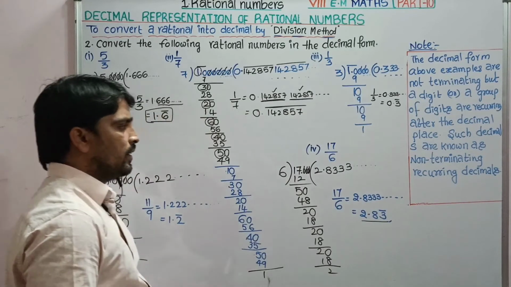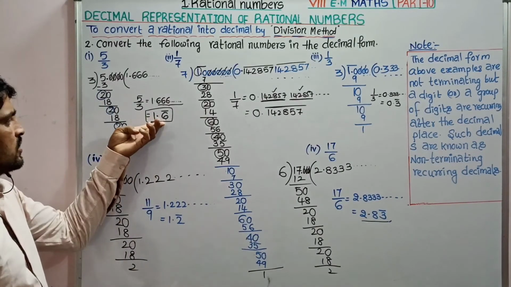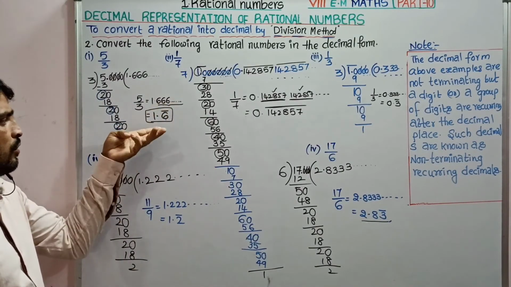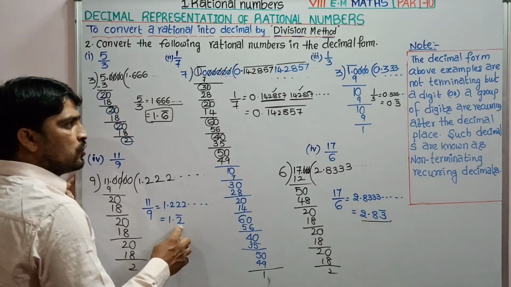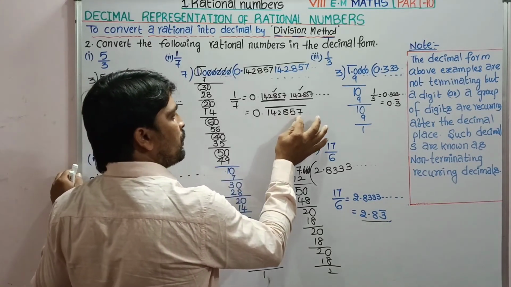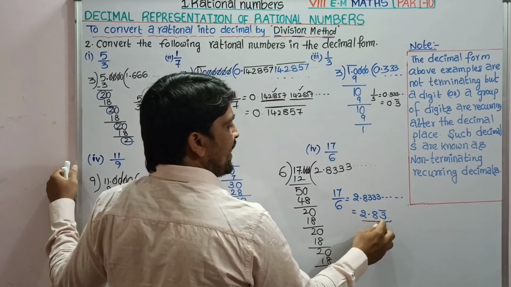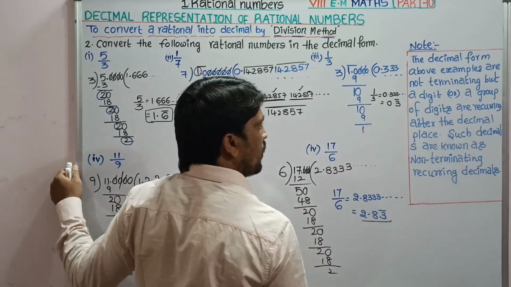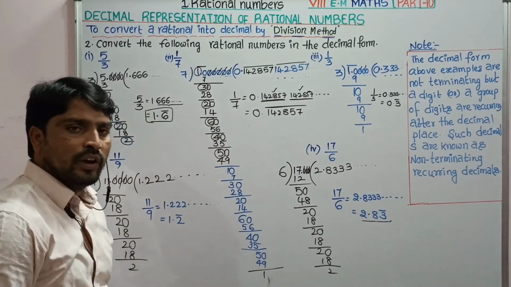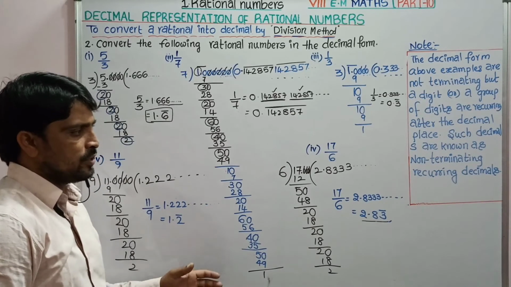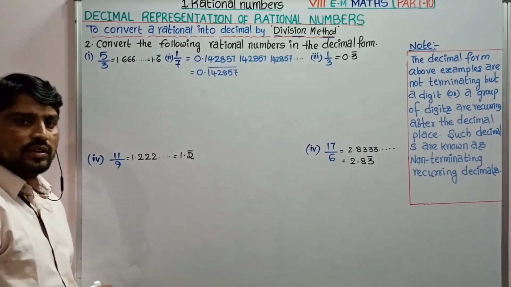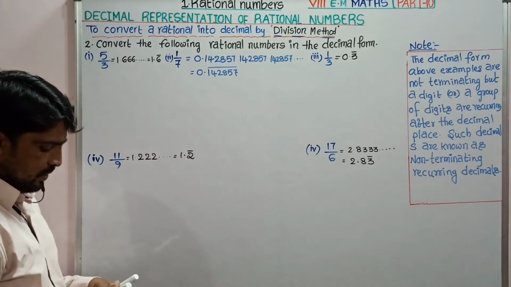Okay, so 1.6666... or 1.6 bar, 1.2 bar, 0.142857 bar, 2.83 bar, 0.3 bar, all are examples of non-terminating recurring decimals. Now let us observe the denominators of these rational numbers.